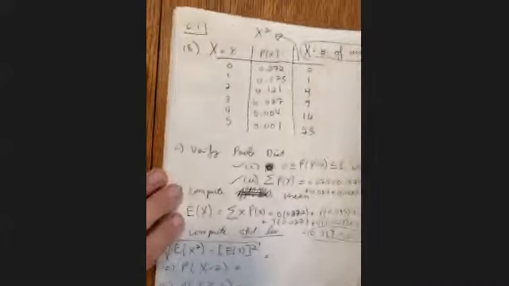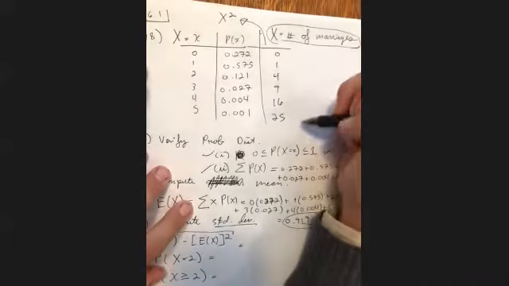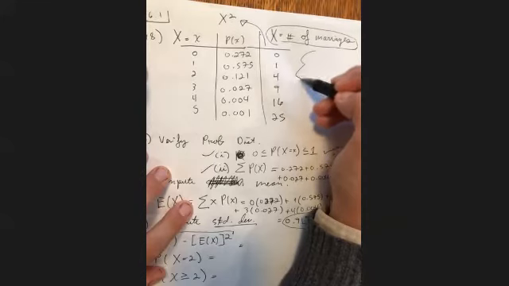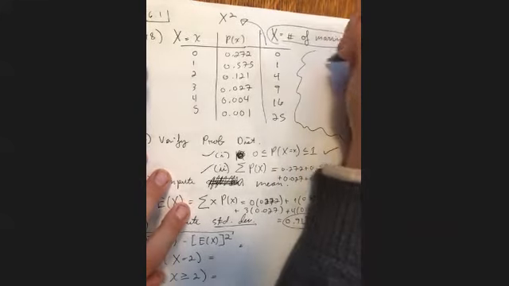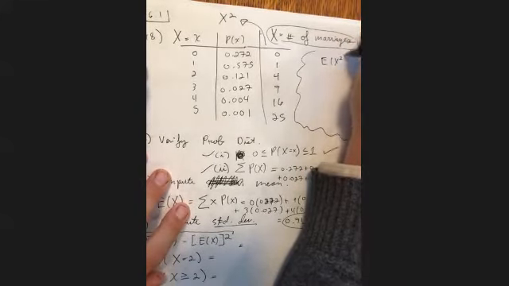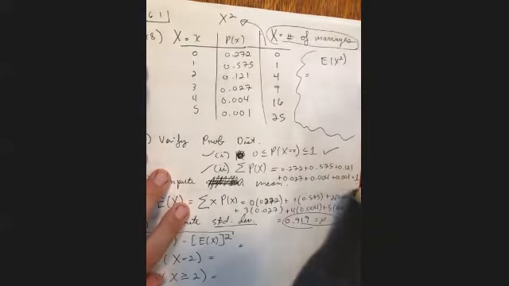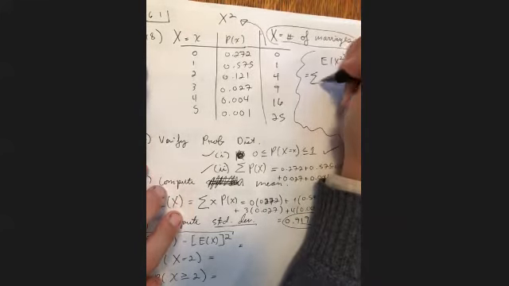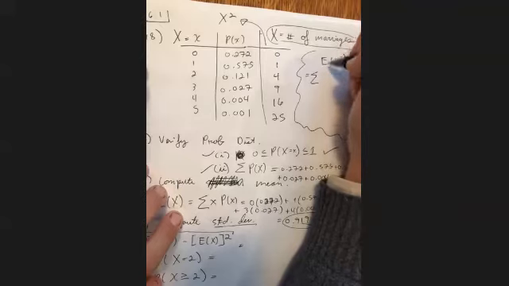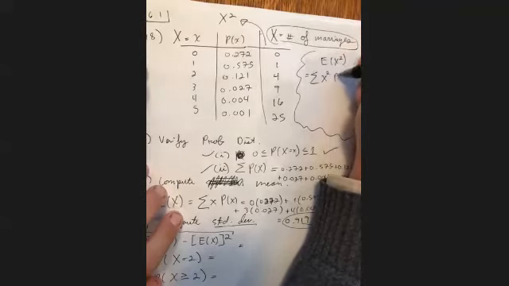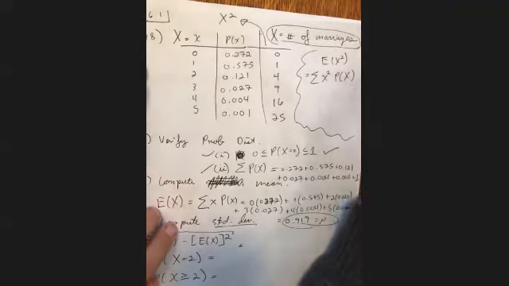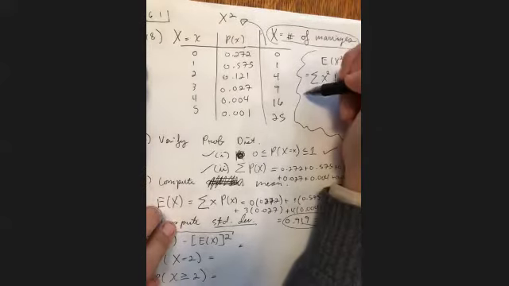I'm running out of room here, so let's do the expectation of x squared over here. Expectation of x squared. That's the sum of x squareds times the probability of x, because they have the same probabilities.